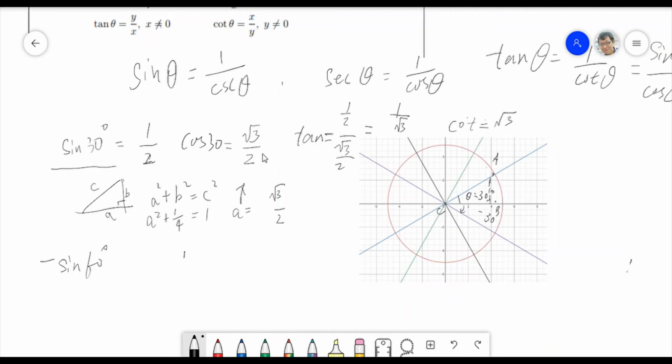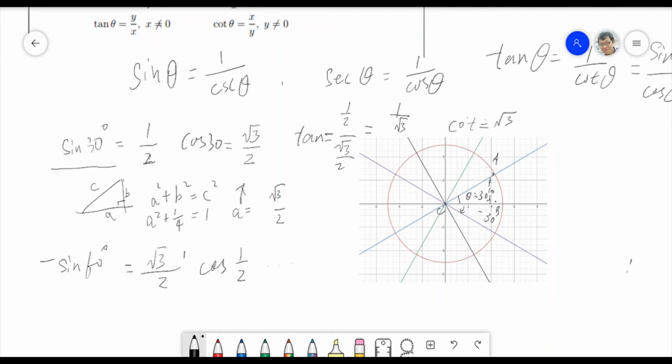Just the corresponding opposite, the x and y are changed, but r is not changed, right? So for 60, the sine should be equal to cosine, the cosine should be equal to sine. All right. The rest will be the same.